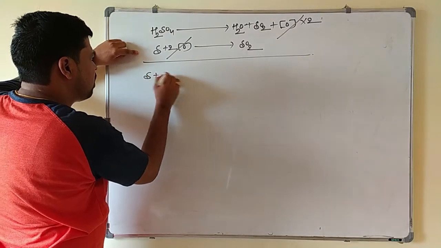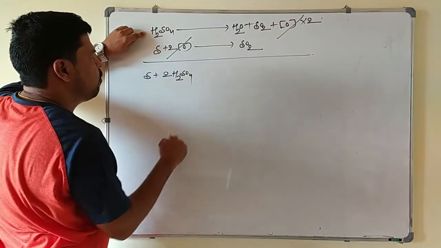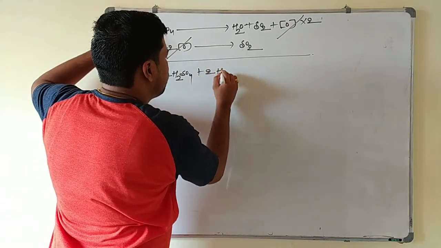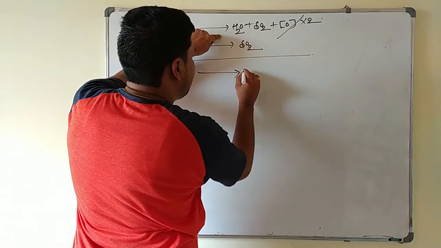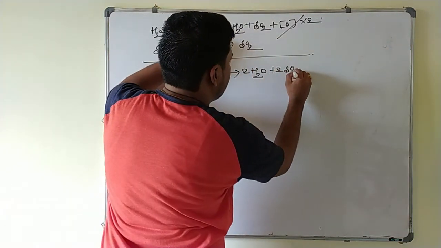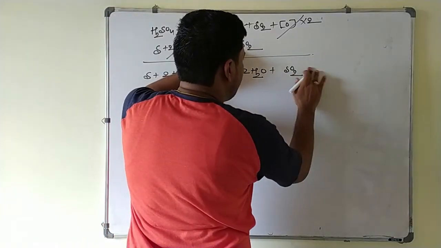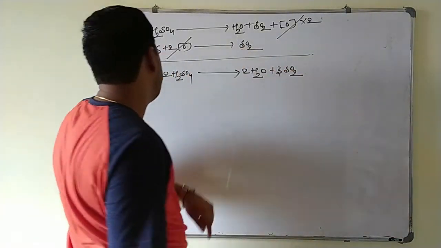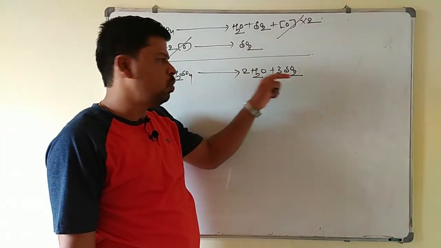This 1 sulfur combines with 2 moles of H2SO4, and you get 2 moles of water, 2 moles of SO2 plus another mole of SO2 is there. In total you can write 3 moles of SO2. So sulfur is oxidized to SO2.